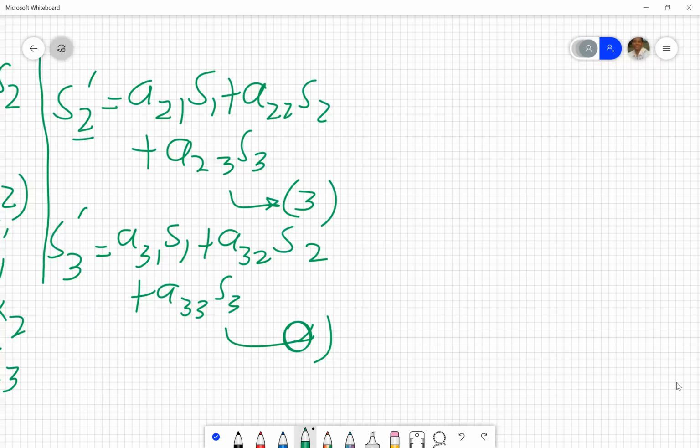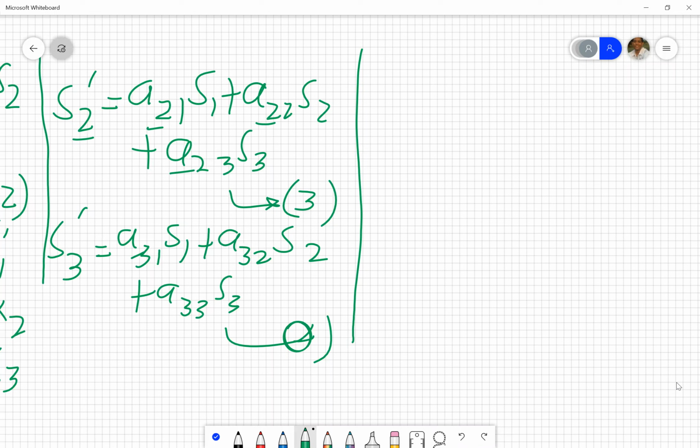We note that the leading suffix for each direction cosine in each equation is the same. When we write s2, we use a2 here, a2 here, a2 here. When we write s3, we have a3 everywhere. Only the second quantity is changed, the leading quantity does not change.